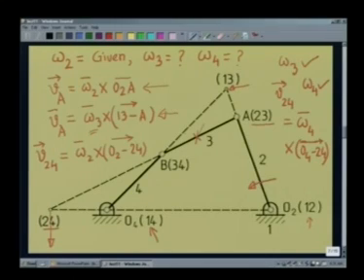So, if I call this point P, the velocity of the point P will be omega 3 cross the vector from 1, 3 to the point P. Omega 3 is already known, this vector is known, so I can find the velocity of the point P.